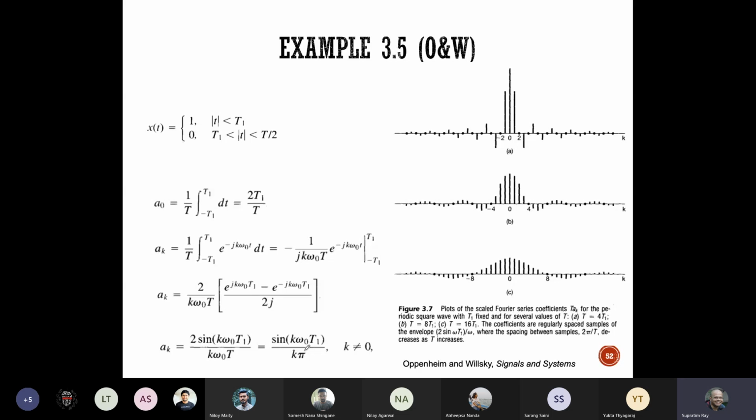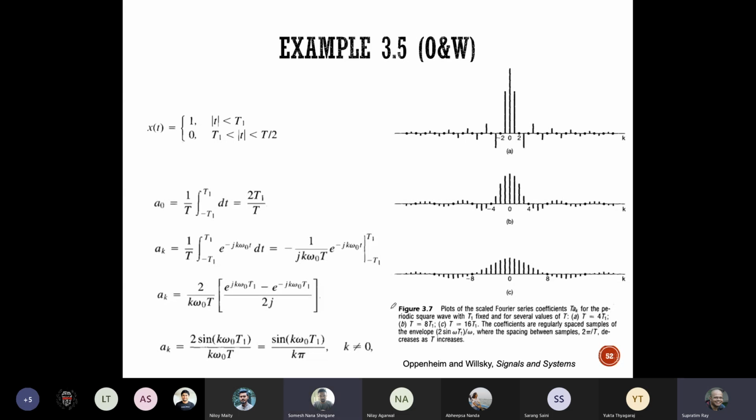Or there's a pi here, so it's 2 pi by T. Okay. Is this fine? Am I losing people here, or is this okay? I can't see you guys, so please let me know if this is fine. If you are, it's okay, right? Some of you can say yes.